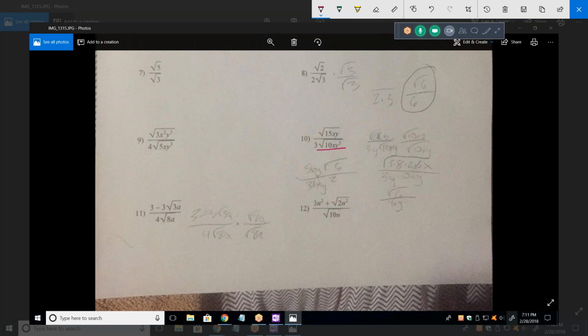What can we pull out of there? A y. Okay, so let's do that. So what we really have, and I can't really simplify the numerator. There's nothing I can pull out of the numerator. But I can pull that y out. So I have 3y root 10xy. There's still one y left.